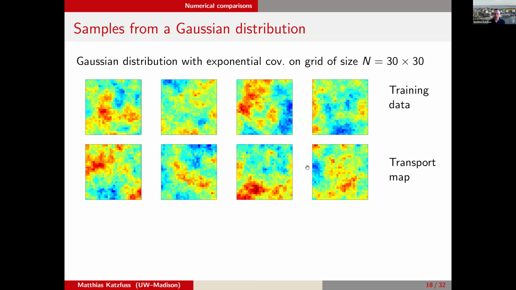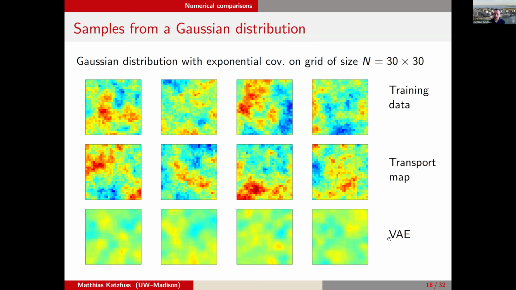This is trained on, I think, a couple dozen samples. And at least to me, if I just permuted all these plots in some way, I wouldn't be able to tell which one was sampled from the true distribution, this Gaussian distribution with exponential covariance, and which ones were sampled from the transport map.